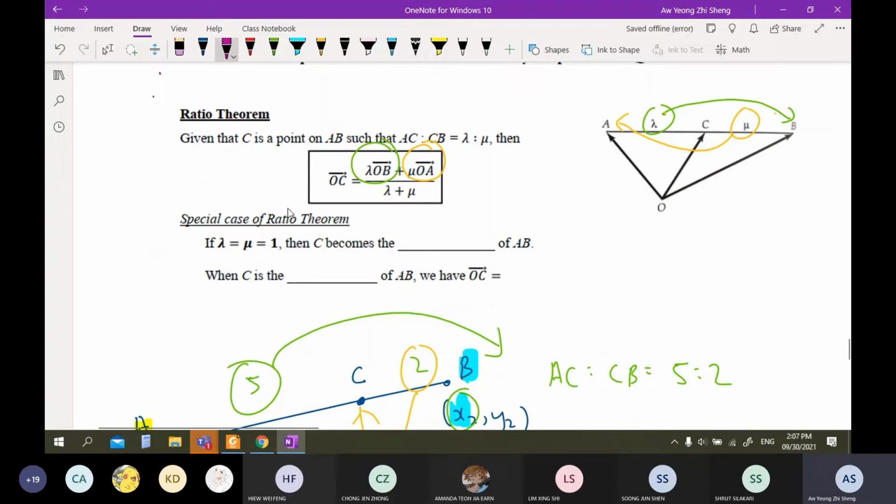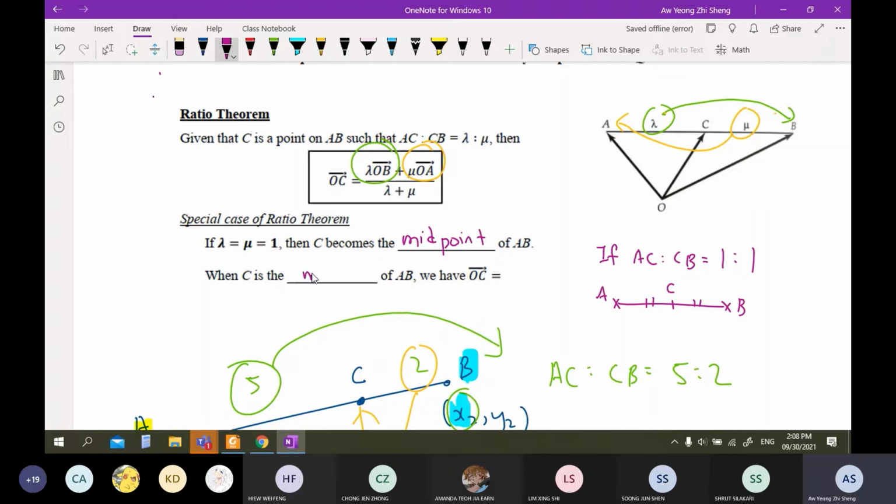Okay. Now, special case of ratio theorem. If lambda and mu are both equal to 1, that means C becomes a midpoint. If AC to CB, the ratio is 1 to 1, that means C is exactly the midpoint of A and B. So fill in the word midpoint at the space here.